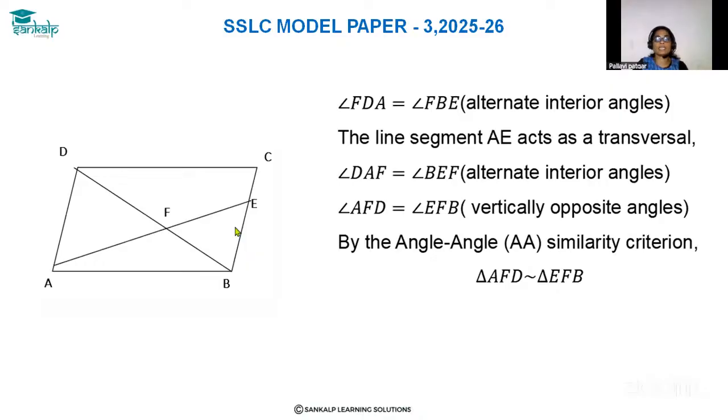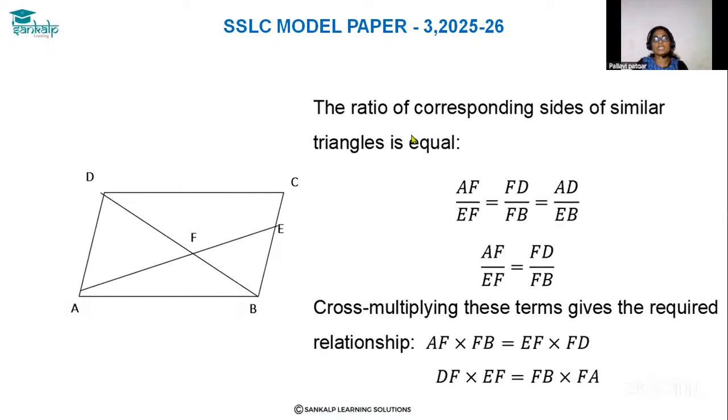If it is similar, corresponding angles are equal and corresponding sides are in equal proportion. So the ratios of the corresponding sides of the similar triangles are equal. Okay. So we write AF divided by FE is equal to FD divided by FB is equal to AD divided by BE.